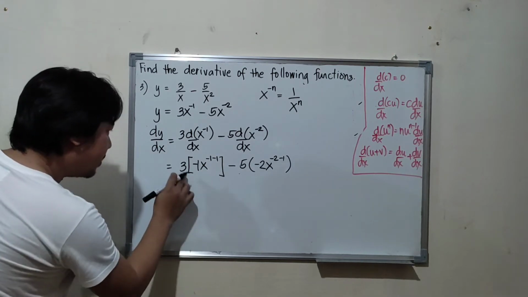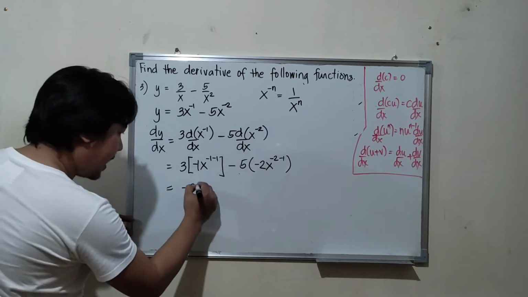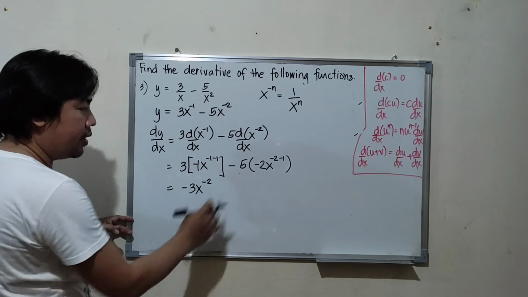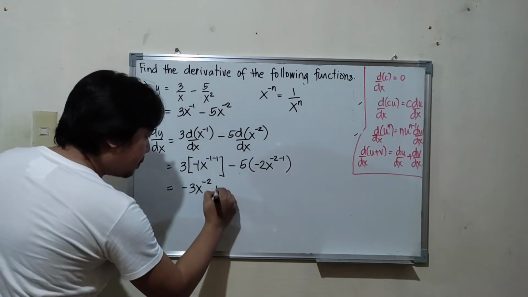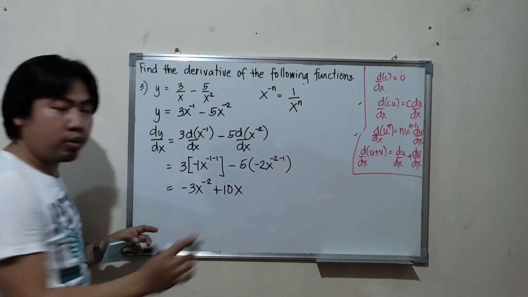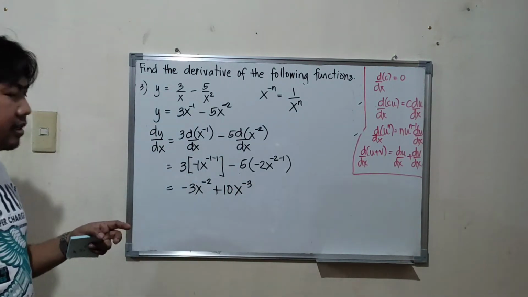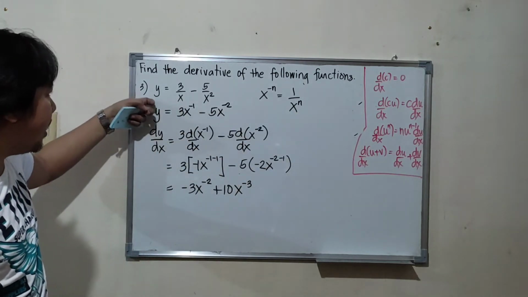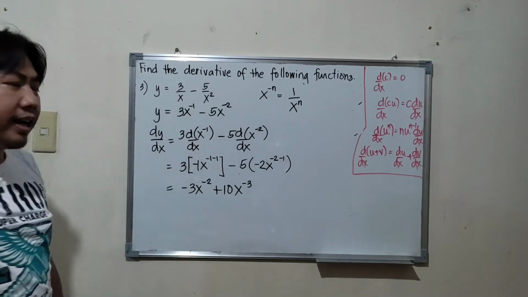Okay, so now let's simplify. We multiply 3 times negative 1, so that is negative 3. Then x raised to negative 1 minus 1, we have negative 2. Then we have negative 5 times negative 2, so that is positive 10. And then x raised to negative 2 minus 1 gives us negative 3. So now we just return it to the original form, since the given is in the form with the variable in the denominator.